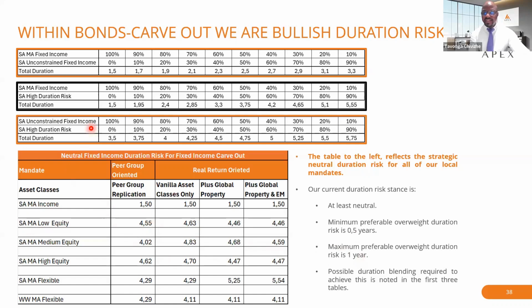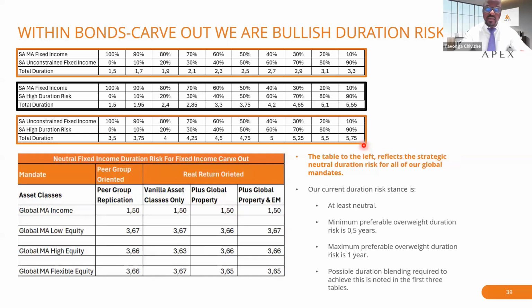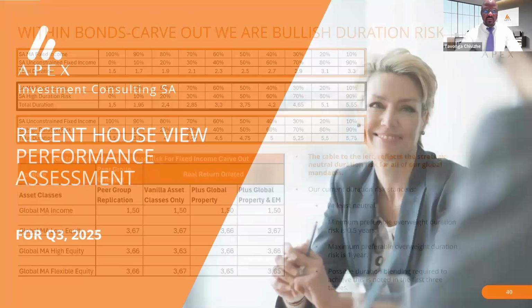If you look at the blends here and you're looking for a 5.55 weight, it can only be achieved in 3 scenarios, which is where my CASA currently is. And that's pretty much how we would then structure the fixed income carve out of your portfolios. And then this is the same thing, but on the global side, but I'll spare you the detail of that.